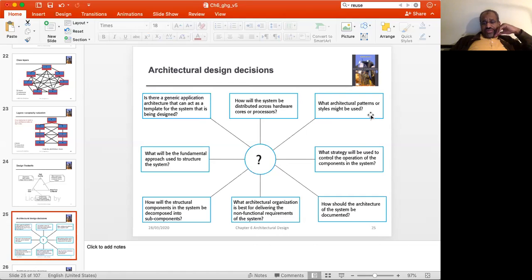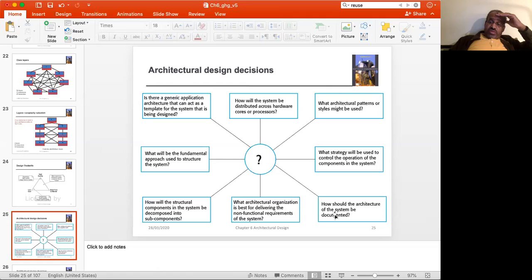What architectural patterns or styles might be used and would be most effective and most appropriate to the problems at hand? What strategy to use to control the operation of the components of the system, as in control flows and allowing things to operate or not? Maybe you need something to control synchronization and prevent parallel running or simultaneous running of some components, and so on and so forth.